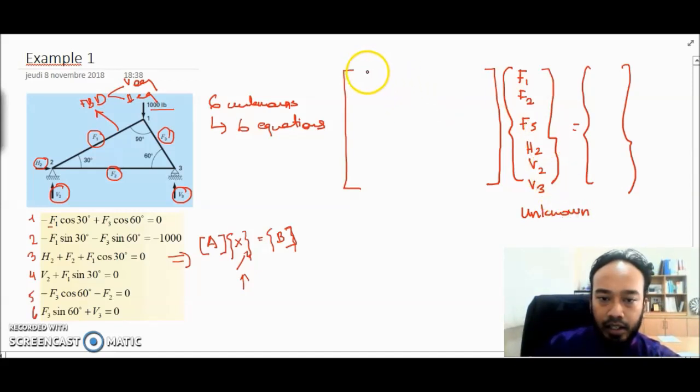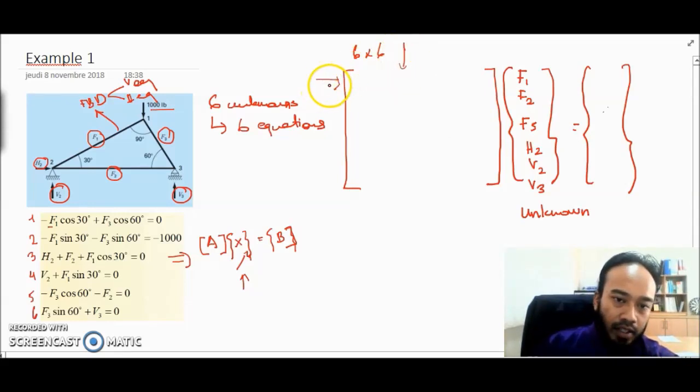And then here is going to be a 6 by 6 square matrix, which regroups all the coefficients, or multipliers, of the unknowns. For example, let's start with the first equation. There's going to be 6 rows and 6 columns, right? The rows represent the equations, the order of the equations.